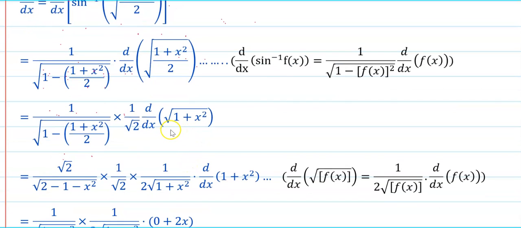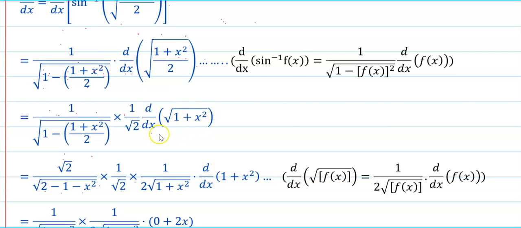Now here we'll again simplify. This 2 into 1, you will get 2. Again if you open the bracket, then the sign of this 1 and x squared will change. It will become minus 1 and minus x squared upon 2, and it will go to the numerator. In this way if we simplify, you will get root 2 upon root of (2 minus 1 minus x squared) into 1 upon root 2 into d/dx of root of (1 plus x squared).